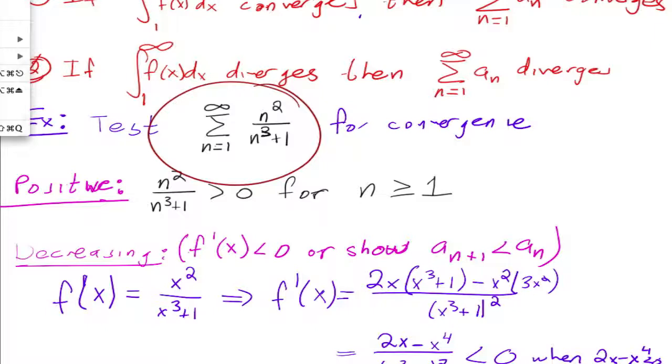So if n is really big, it's going to behave similar to 1 over n, and we already know that 1 over n diverges, right? So your gut should tell you that this probably diverges because it behaves similar to 1 over n for n large.